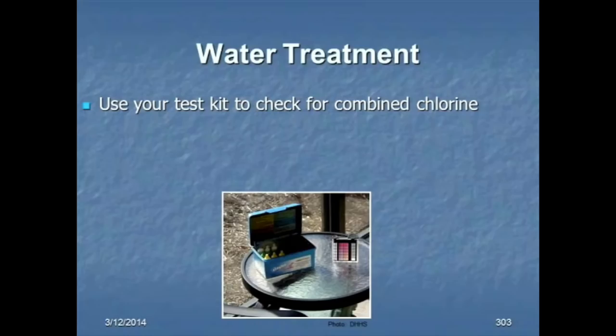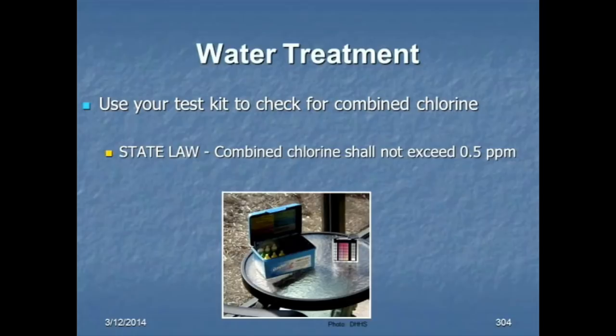We have a maximum number in Nebraska by our state code of combined chlorine that is allowed. Your test kit needs to be able to check for that combined chlorine number. It is a test that is required to be done at least on a weekly basis and documented, including what that number is.